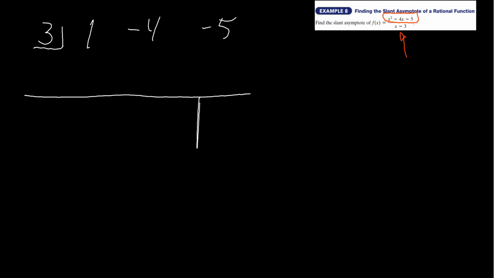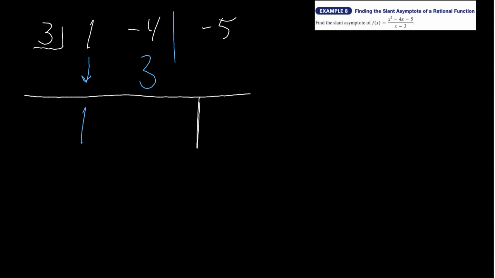So if you haven't done synthetic division in a while, pay close attention. This is exactly how synthetic division is done, and I'll do long division as well, just to make this lecture extra long. What you do is you bring down the first number, so 1. You take this number and multiply it by this number. 1 times 3 is 3.